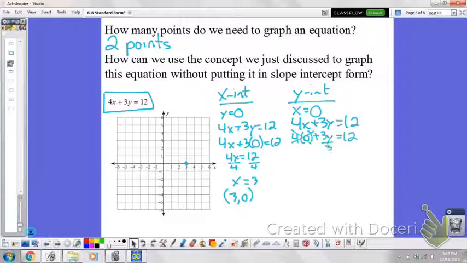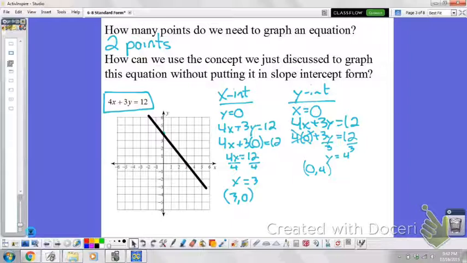Divide both sides by 3, and I get y is equal to 4, making my y-intercept (0, 4). So I go over and plot the point (0, 4). That gives me a line that looks like this. So we have our line.